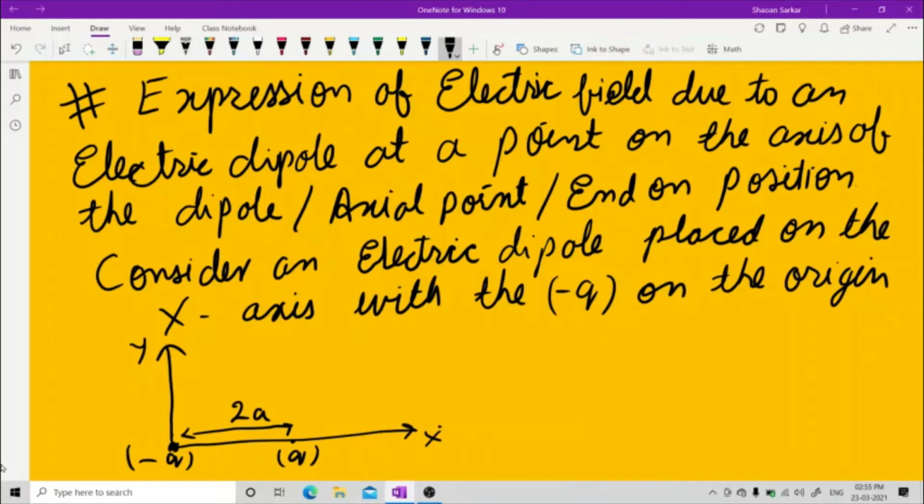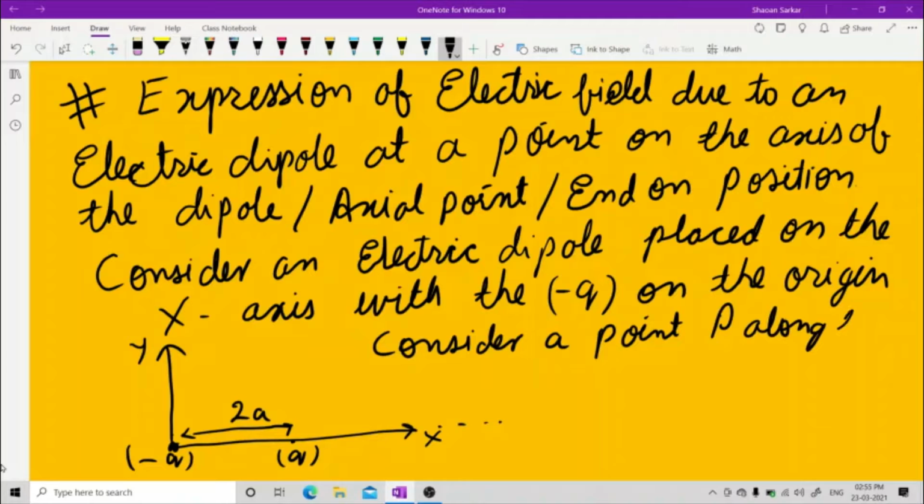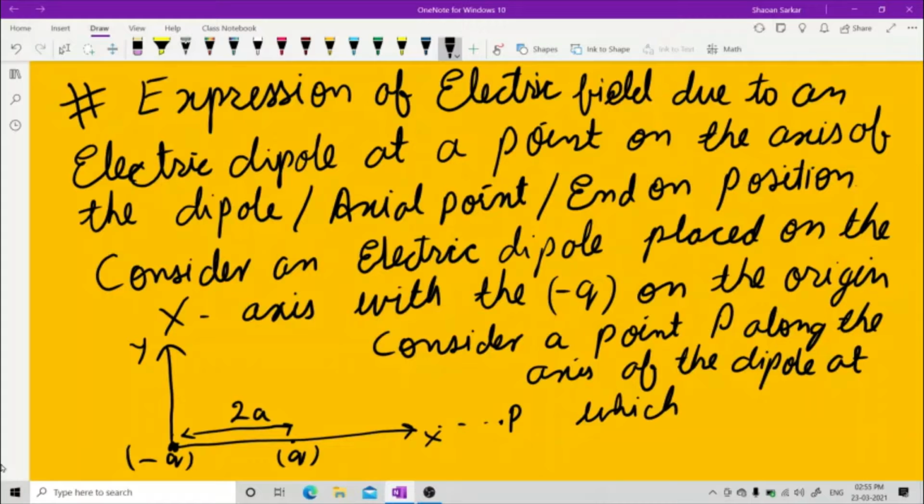Now consider a point P along the axis of the dipole, at which the electric field is to be determined.